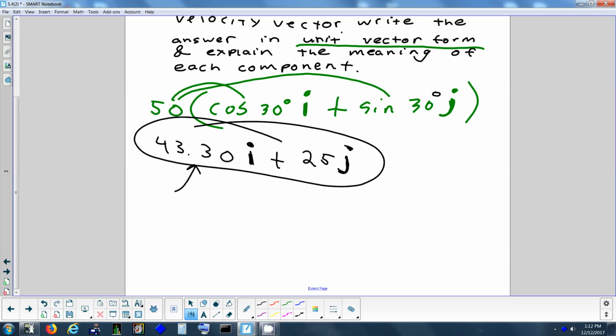Speed. But the speed is 50 miles an hour. We know it's a 50 mile per hour speed at a 30-degree angle.